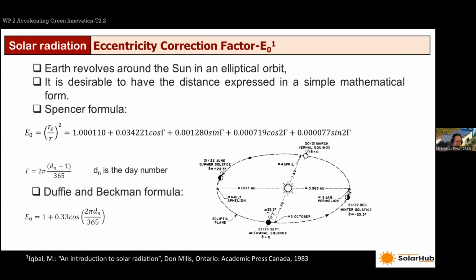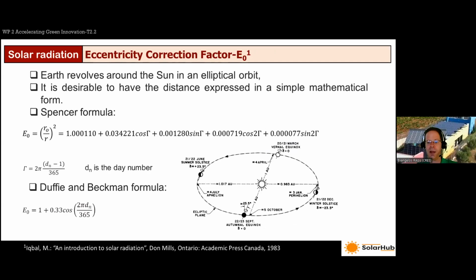The Earth orbits around the sun in a pretty much circular, let's say, orbit, but it's not exactly circular. So this means that over time there are variations in the amount of solar energy that the Earth is receiving.